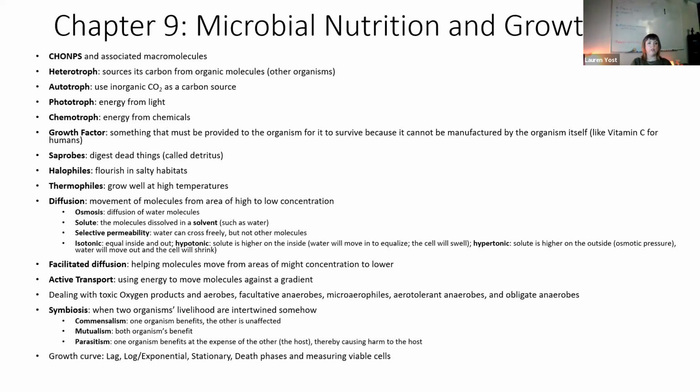Next, we have the diffusion. Diffusion is movement of molecules from high to low concentration. We made all these comparisons with bouncy balls in my office and bouncy balls in Dr. Rhodes' office. But anyways, diffusion is movement from high concentration to low concentration. A lot of membranes are semi-permeable or selectively permeable.